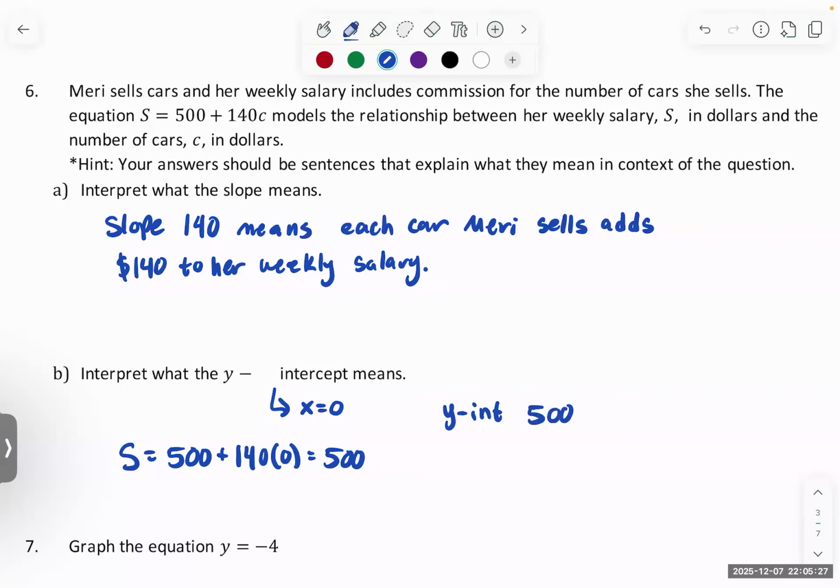And y-intercepts always indicate starting values. So this means that Marie's starting salary is $500 per week.